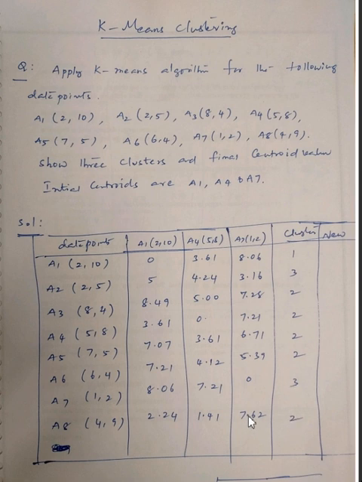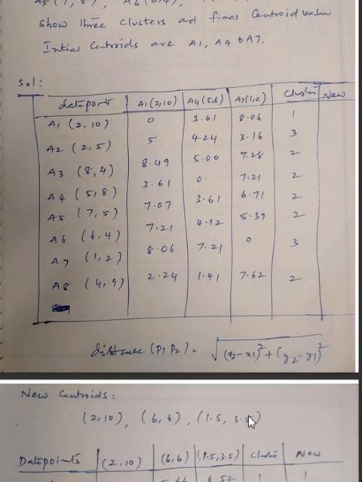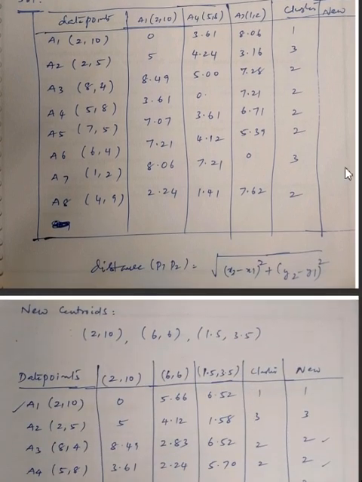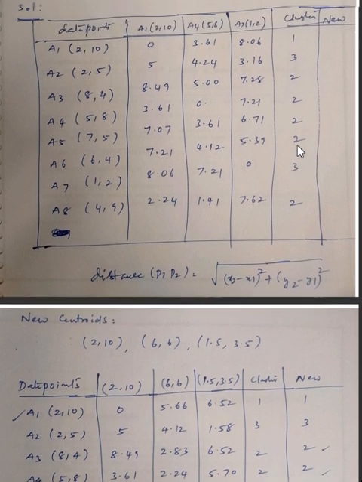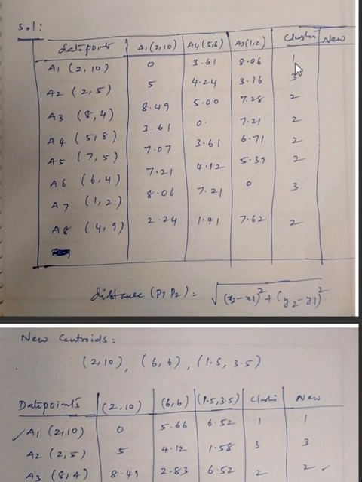After calculating this, we can observe that many of the data points are falling into one single cluster. That's why we have to recalculate the centroids. For recalculating the centroids, the first one is cluster 1, 2 comma 10, and it remains the same.